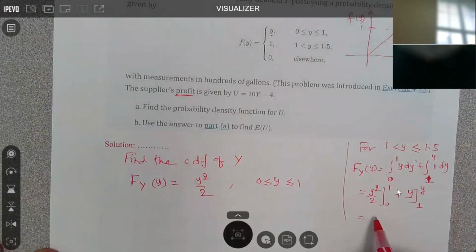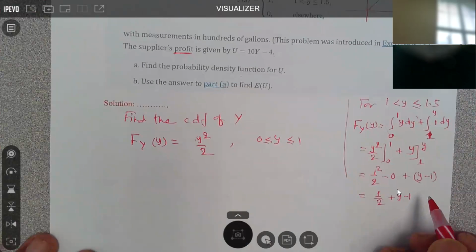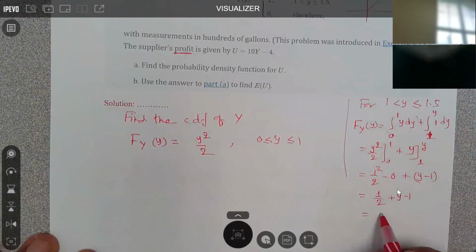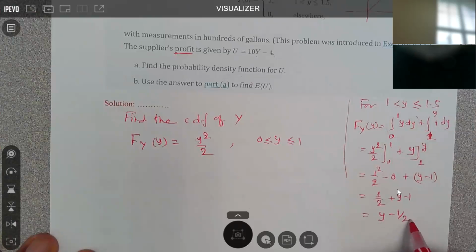So this is equal to 1 square over 2 minus 0 plus Y minus 1. So this is equal to 1 over 2 plus Y minus 1. You see, this is equal to Y minus 1 over 2.